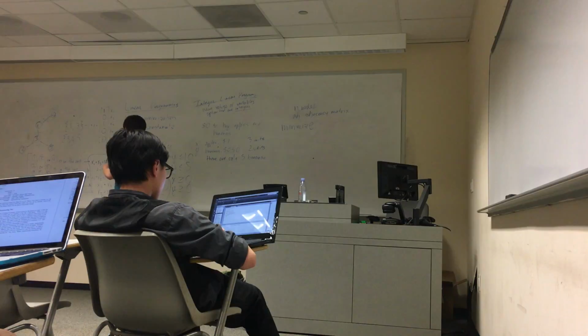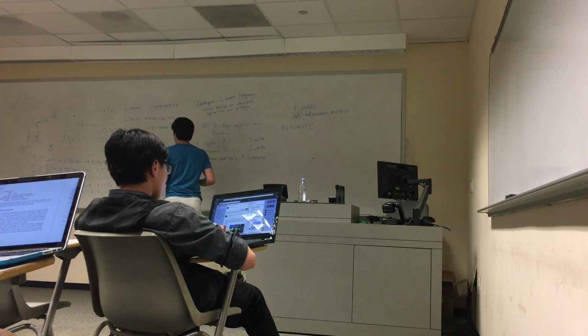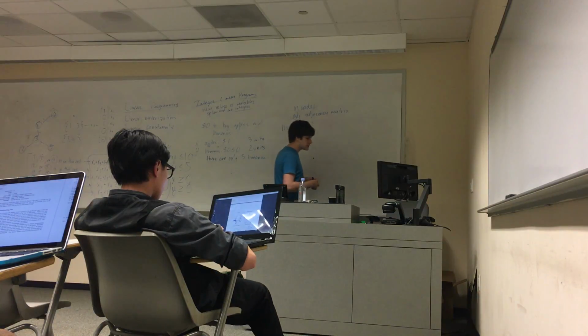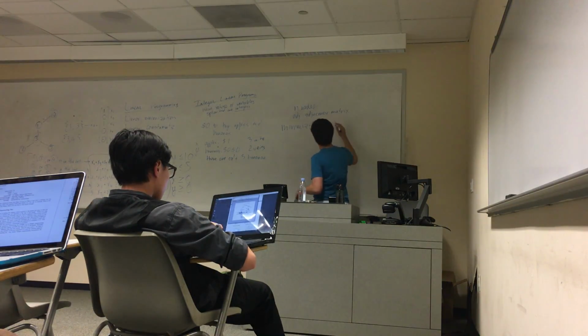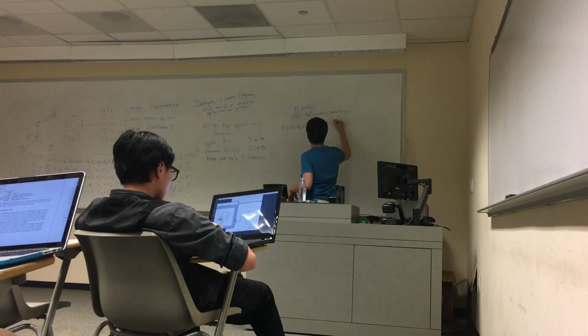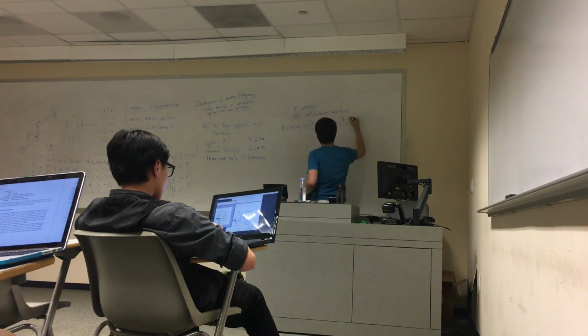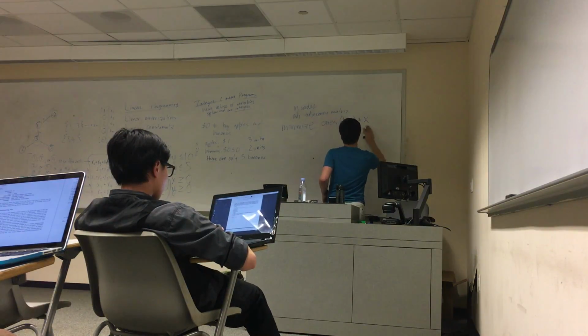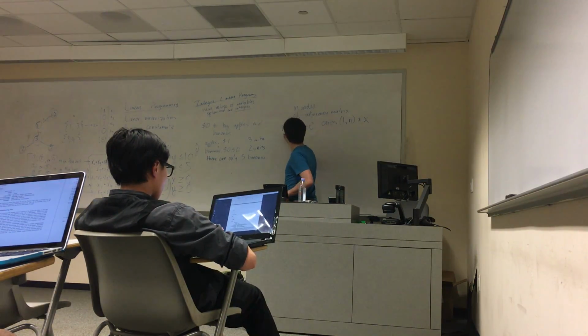So you're basically going to minimize ones of 1 comma n times x, with constraints.